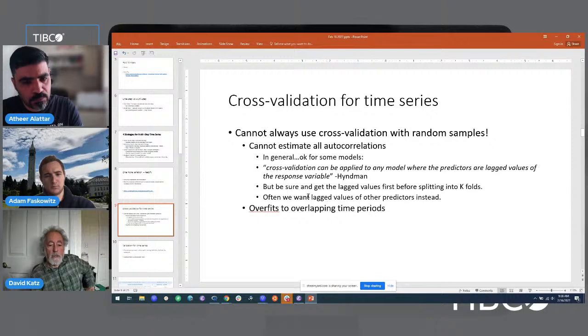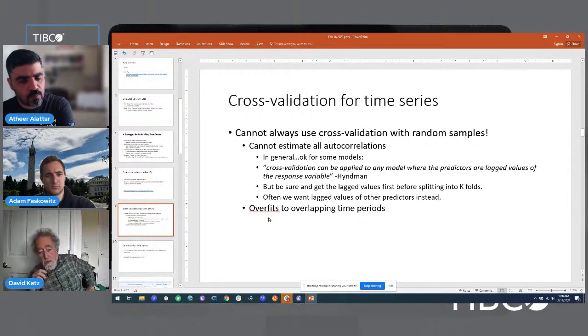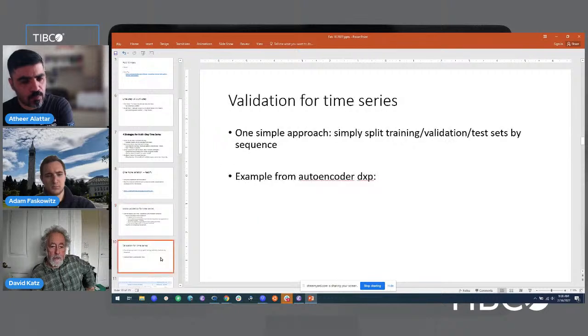One gotcha is to get the lagged values first, before splitting into your k-folds for cross-validation. Okay. And this is good with multiple predictions. And the problem is that if your time periods overlap, you can get overfitting.